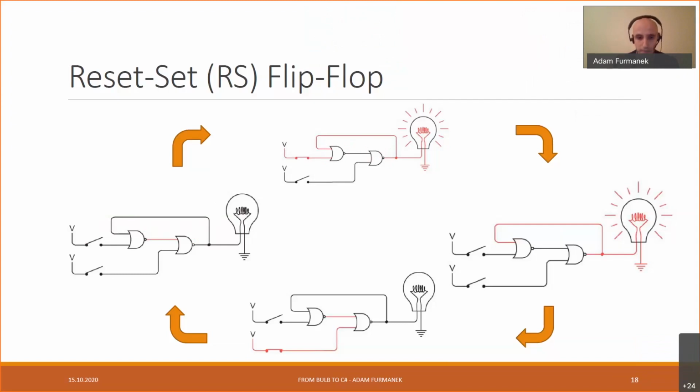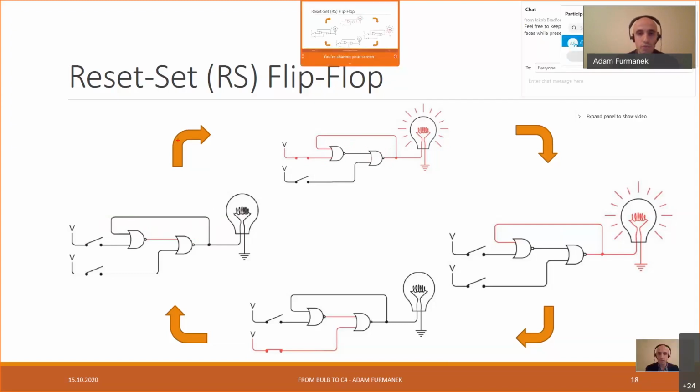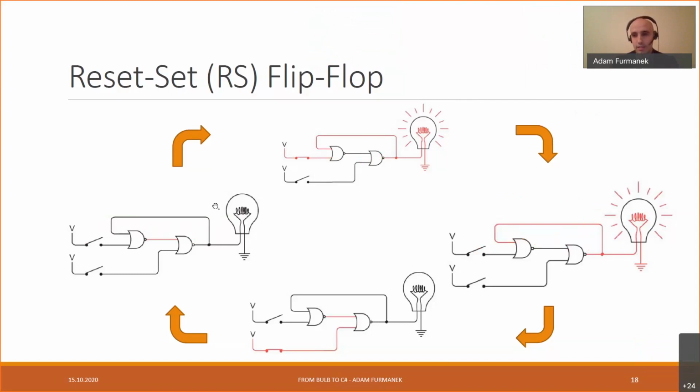However, the important part of this is that once we are in this state, we can basically open this input. We can open this switch, but notice that even though we did open this switch, because we do have one as an input here, we still have the electricity flowing at this point, so our bulb at the very end remains turned on.